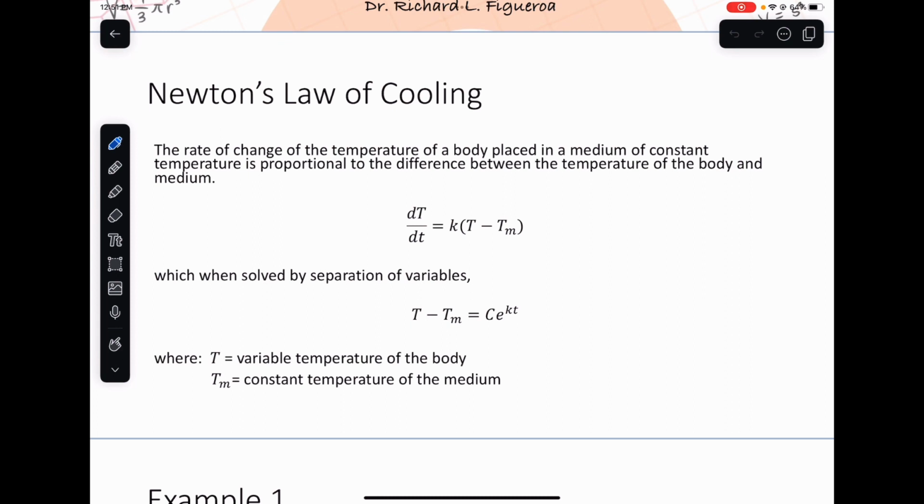Let's say we have cookies that we want to bake inside an oven. The maximum temperature that can be attained by the cookies would just be the temperature set on the oven. The cookies cannot go beyond the temperature of the oven.